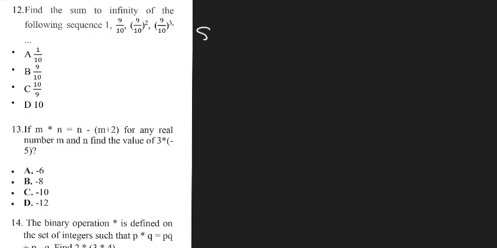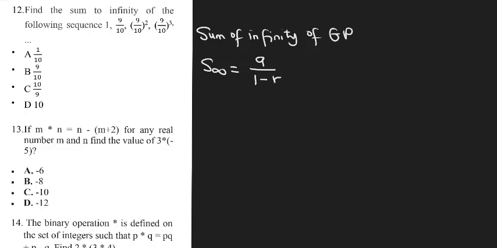So sum of infinity of GP. So now, what is the formula for finding the sum of infinity of GP? It is given by S infinity is equals to the first term all over 1 minus the common ratio.